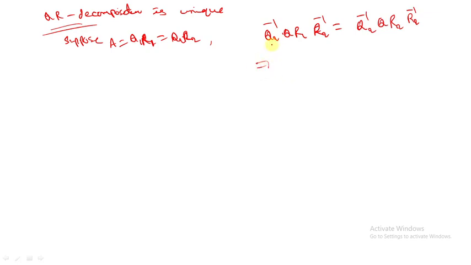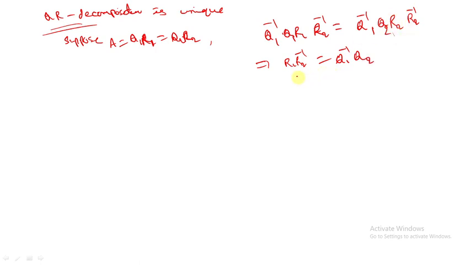This implies Q2 inverse Q1 R1 R2 inverse equal to identity, and R1 R2 inverse equals Q1 inverse Q2.